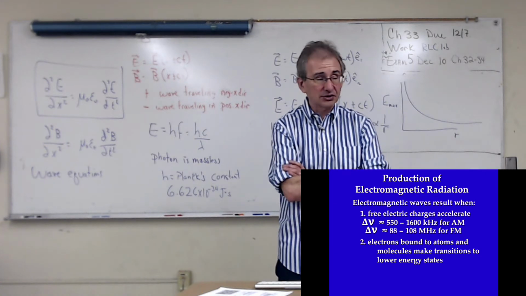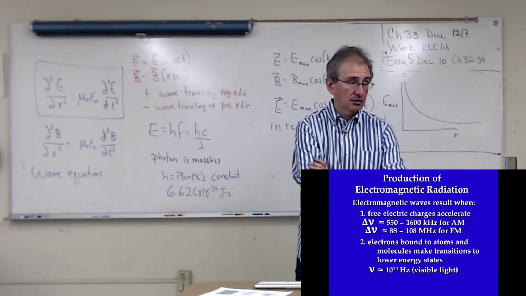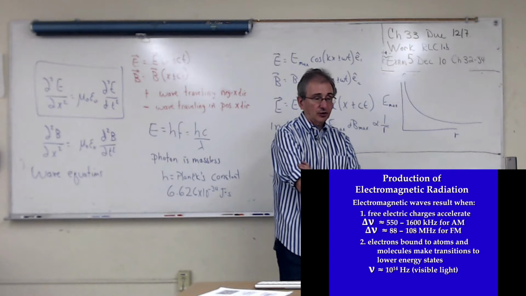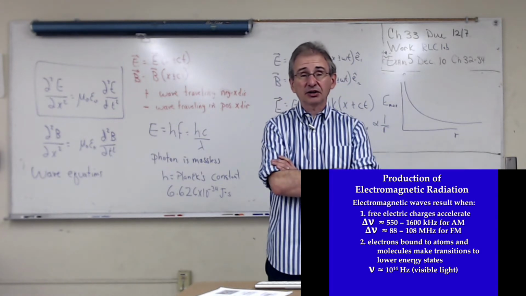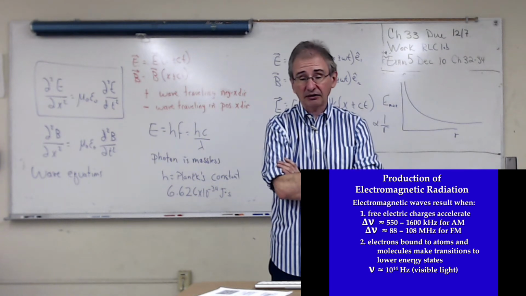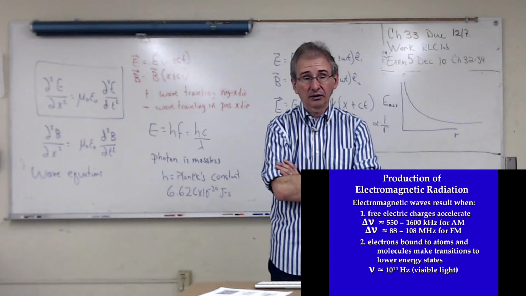Now, those, of course, are much higher energy. For example, when an atom makes a transition from a higher energy level to a lower energy level, it can give off visible light, it can give off UV, and it can give off IR.